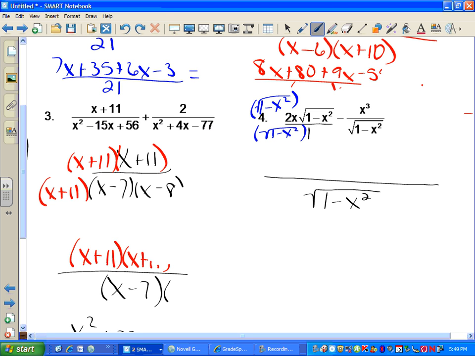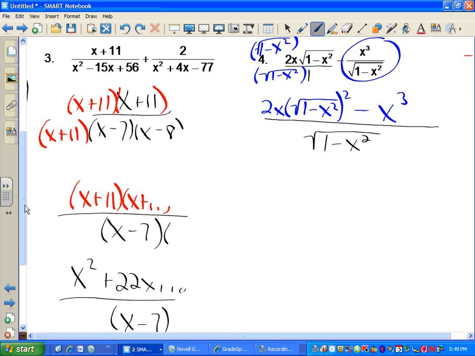So the top would be 2x times the square root of 1 minus x squared, right? Because I have two of them now. Minus, nothing needs to happen on this second fraction here. It already has the common denominator, so I'll just put my x cubed right there.